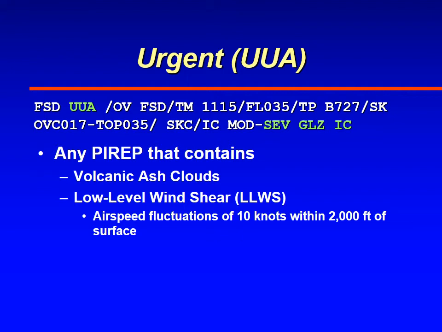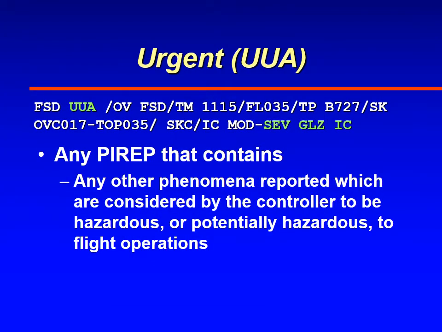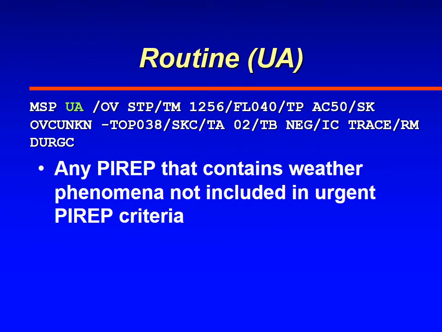Low-level wind shear is wind shear below 2,000 feet where you have airspeed fluctuations of more than 10 knots. And then finally, any other phenomena that the controller or whoever is taking the observation considers hazardous, potentially hazardous to flight operations. So routine pilot reports are any other ones that don't have that phenomena that's considered urgent.